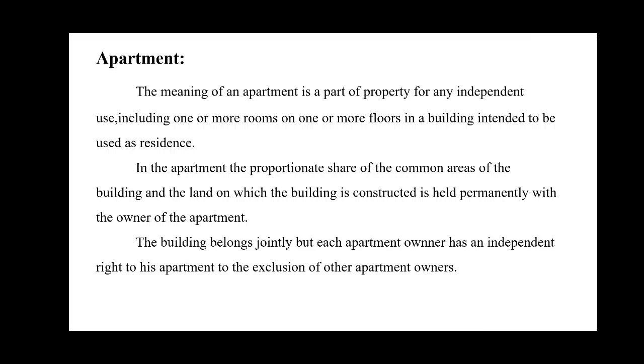He has his share in the common areas of the building, whereas he has his equal share in the land on which the building is being constructed. The building belongs jointly, but each apartment owner has an independent right to his apartment to the exclusion of the other apartment owners.